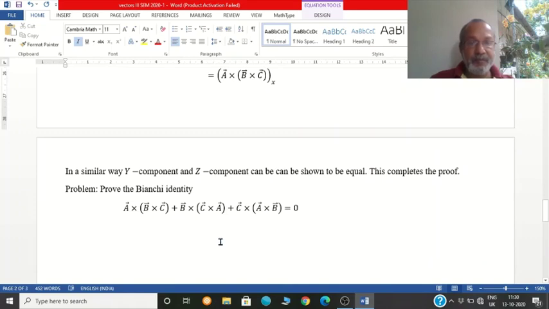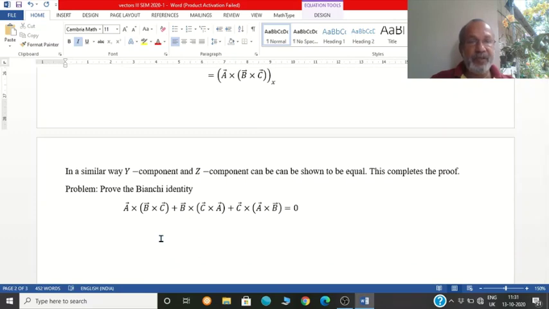Using that vector identity, we can prove this Bianchi identity: A cross B cross C plus cyclic, that is B cross C cross A plus C cross A cross B, will be equal to 0.